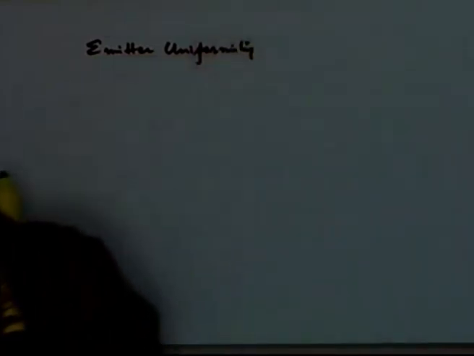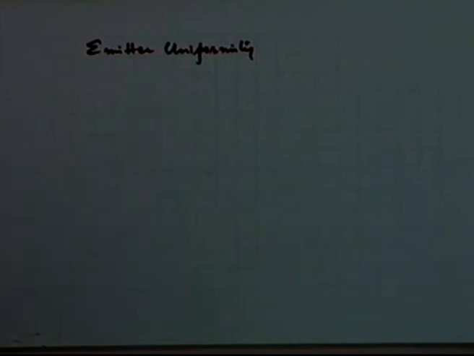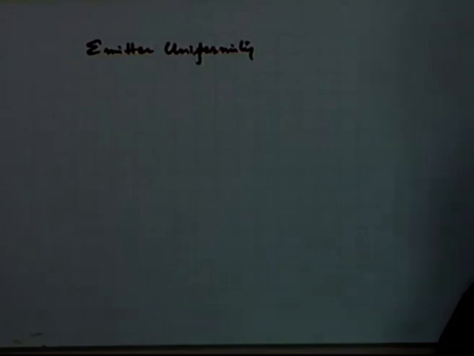Let's look at the emitter uniformity. As we have mentioned in the beginning of this topic, the emitter system, or the trickle system, is intended to have a very close relationship between the crop water requirement and what is being supplied in terms of the emitter discharge.